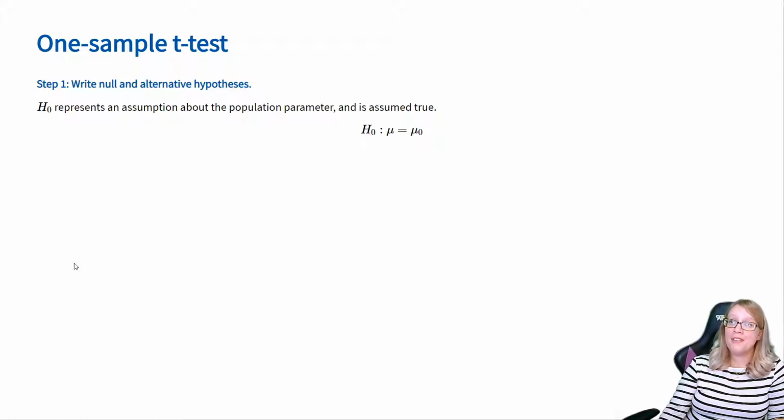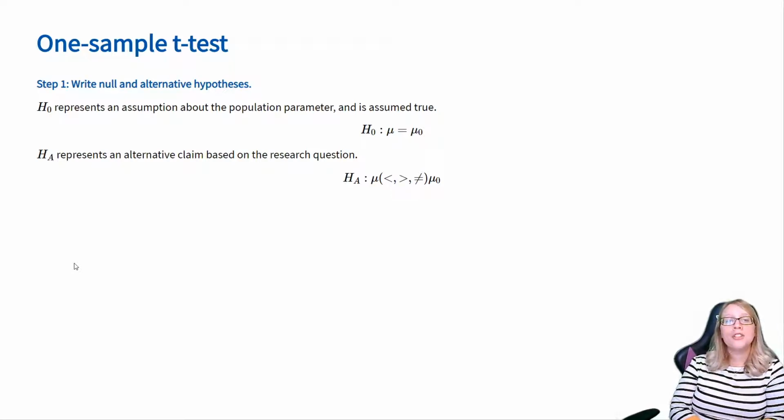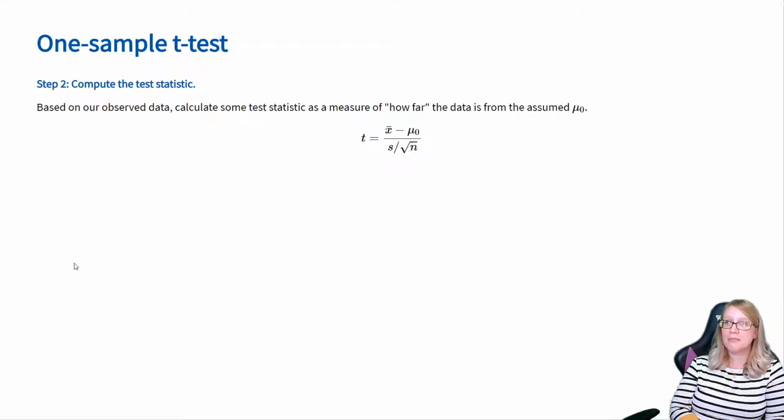Our null hypothesis represents an assumption about the population parameter, and we're assuming that it's equal to some value. So we write for a population mean that mu is equal to some value, say mu0. Our alternative hypothesis represents an alternative claim based on the research question. We can use either a less than hypothesis, a greater than hypothesis, or a not equal to hypothesis.